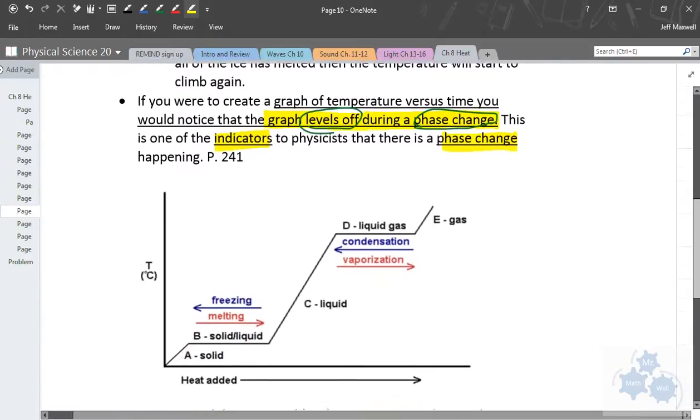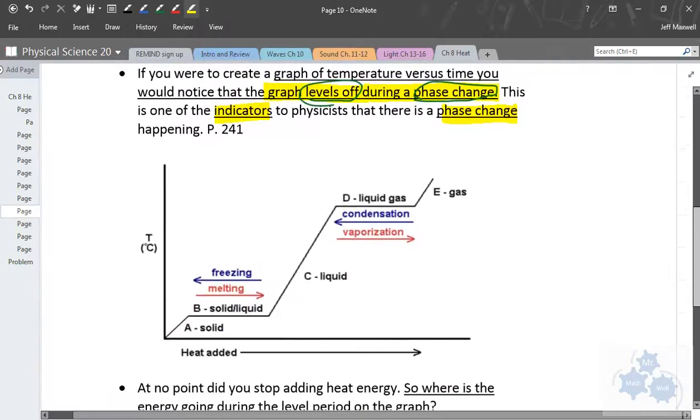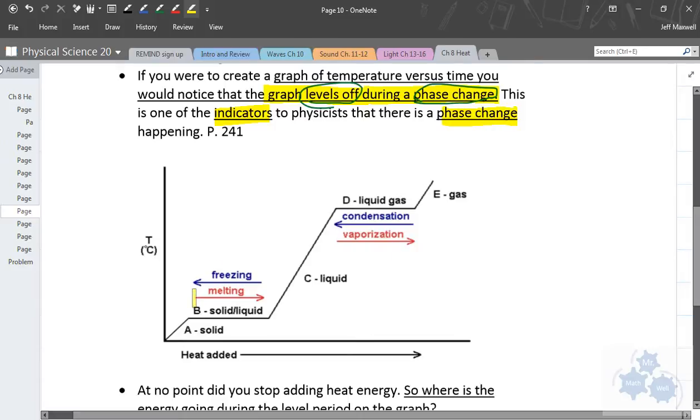Now, this graph right here, okay, this is a typical heating graph, so it's a heating curve. And let me just explain this as you start to copy this down here. So this is time over here, and heat is added over time. This is temperature.